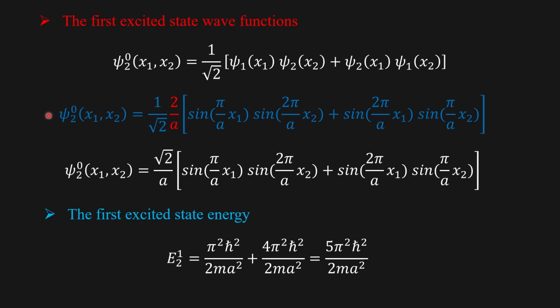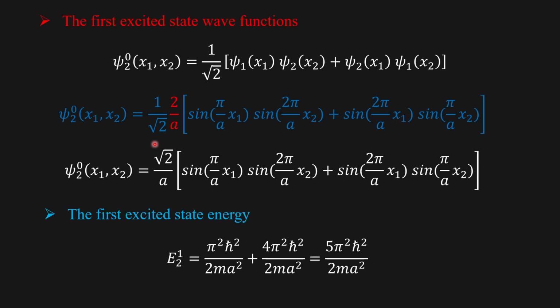Now, what is the wave function psi 2 0, which is a function of x1, x2? You get 1 over square root 2, and if you multiply two wave functions, you will get square root of 2 over a into square root of 2 over a, which is equal to 2 over a, times sine of pi by a x1, sine of 2 pi by a x2, because this is the first excited state, plus, because it is a boson, sine of 2 pi over a x1 multiplied by sine of pi by a x2.